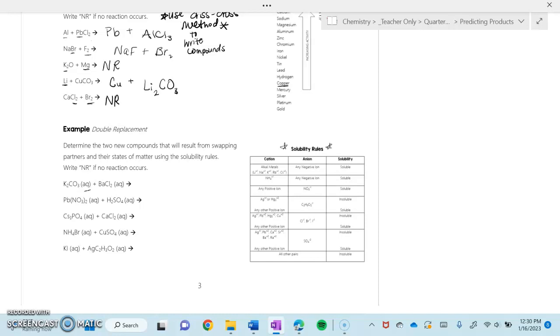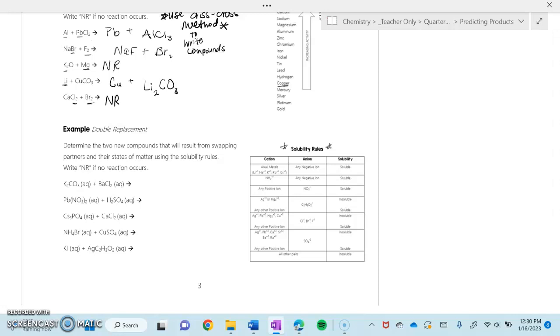There's a couple of rules that are not listed on here that may not be perfect to true solubility. So if you ever come across a compound that disagrees with this table, it is because this is slightly simplified. But for all of our purposes, this works perfectly, and we're going to use it because it's nice and organized and you don't have to memorize it. And I'm a fan of not memorizing things.